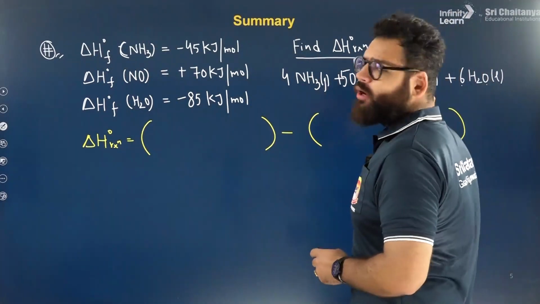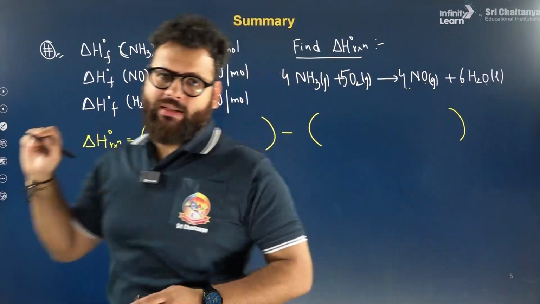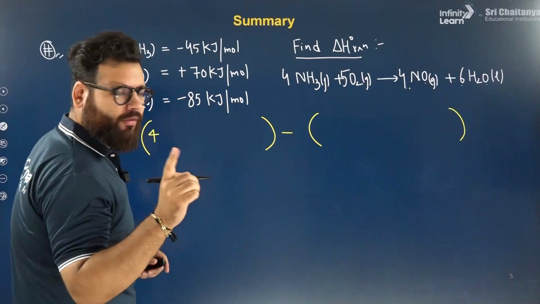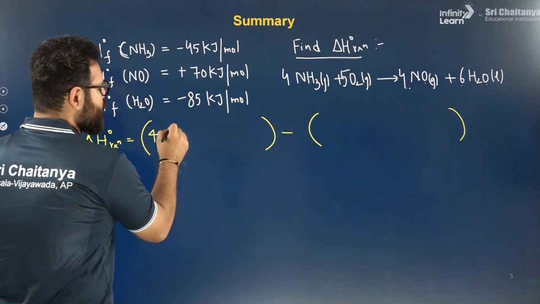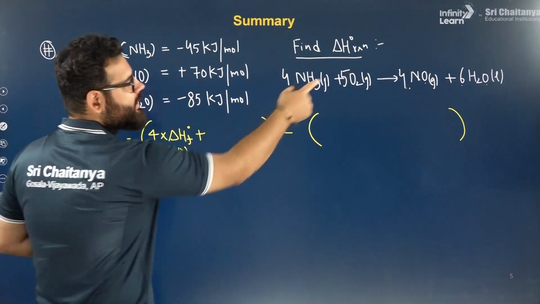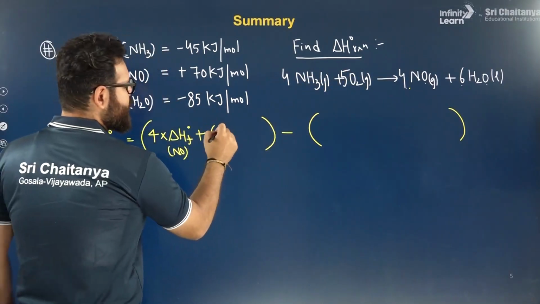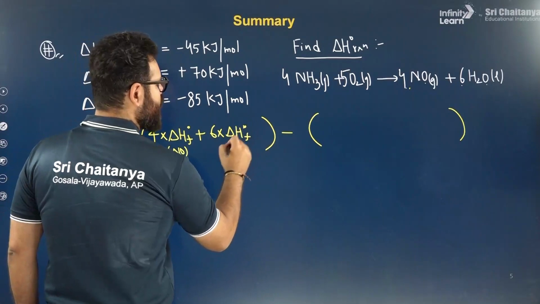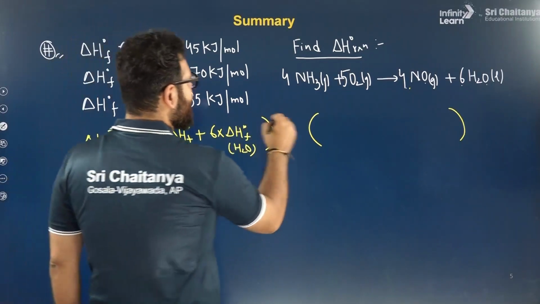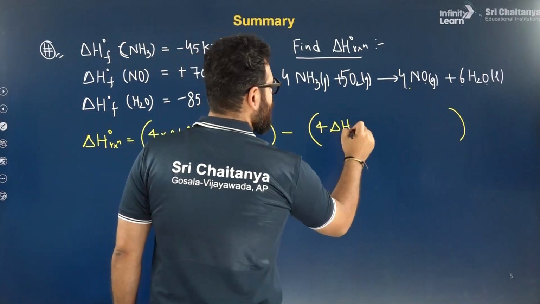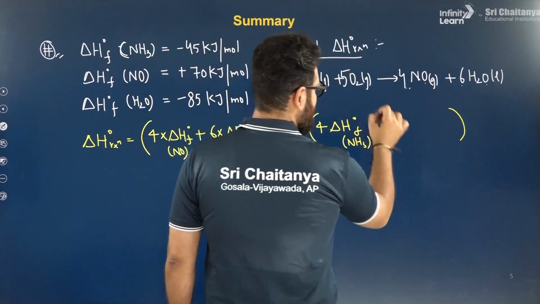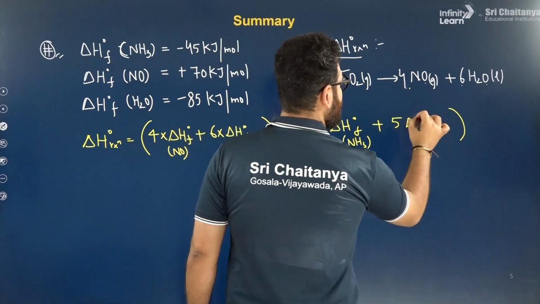There are 4 nitric oxide on the right hand side, so 4 times, because 4 is the stoichiometric coefficient, never forget it. 4 into formation of NO, plus 6 into formation of water, minus the left hand side, which is 4 ammonias plus 5 oxygens.